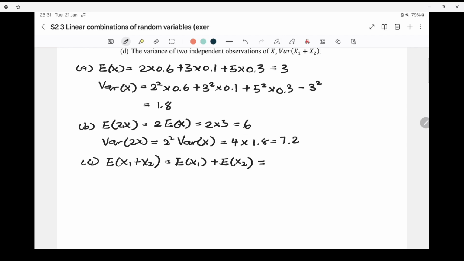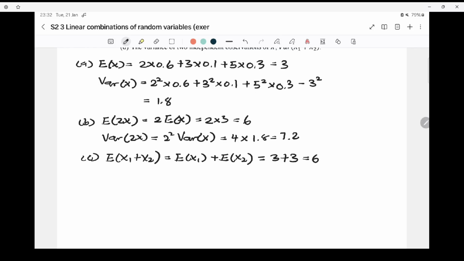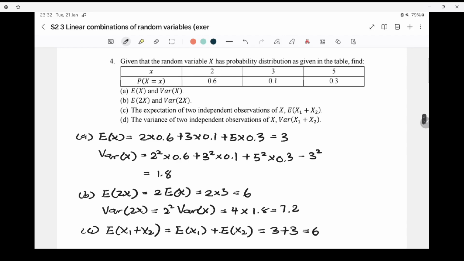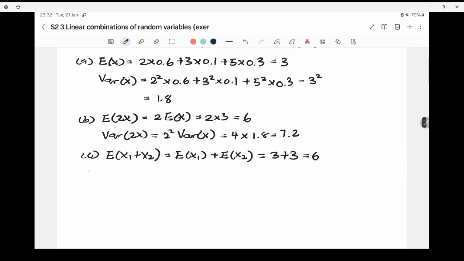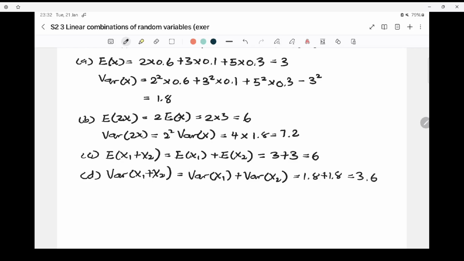So E(x1) is 3, E(x2) is also 3, so this is 6. So now the last one, find the variance of x1 plus x2. This will be given by the variance of x1 plus the variance of x2. So it is 1.8 plus 1.8, which is 3.6.